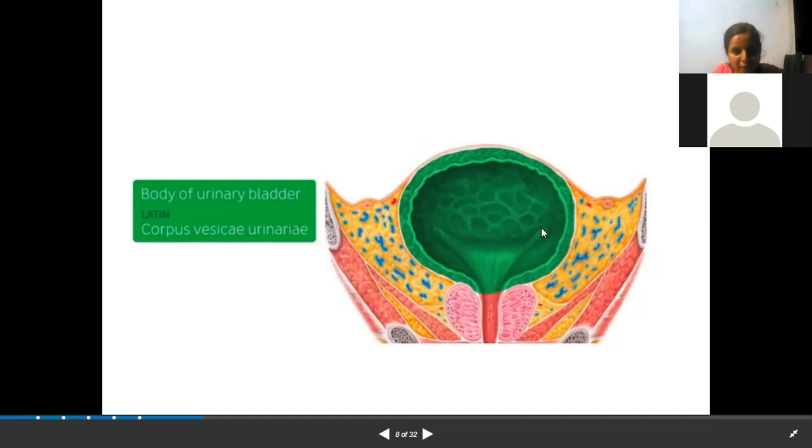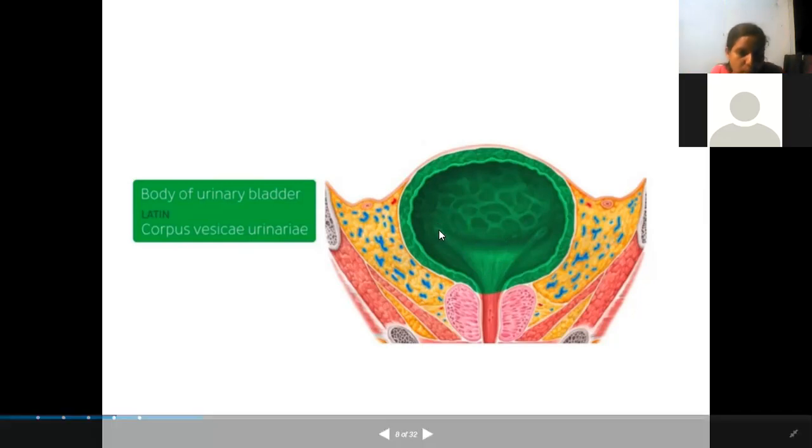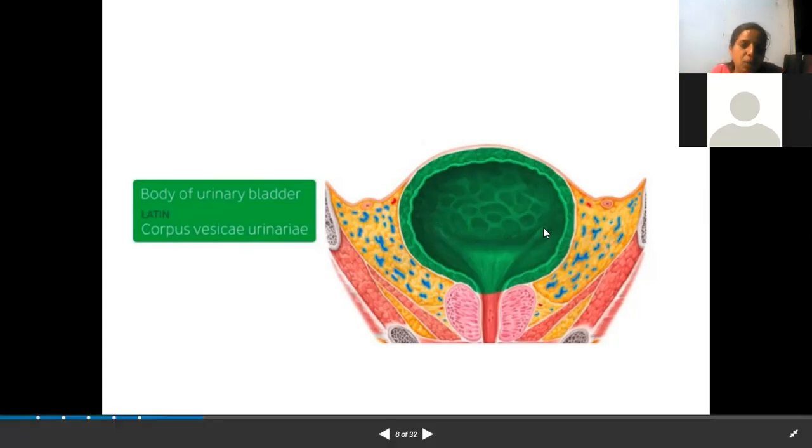Trigone. And you find two holes over here. These holes are nothing but the ureteric openings. We have seen two ureters opening. So this is the inside view. The two ureters open on either side of the trigone. The ureters bring the urine from the kidney; here the ureters are coming like this. The distance between the two ureters is called the interureteric ridge.